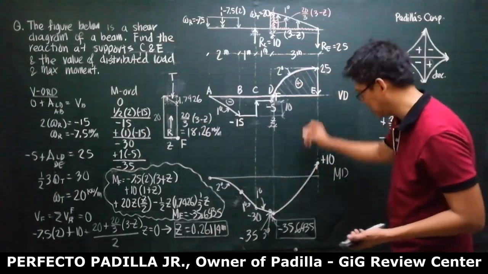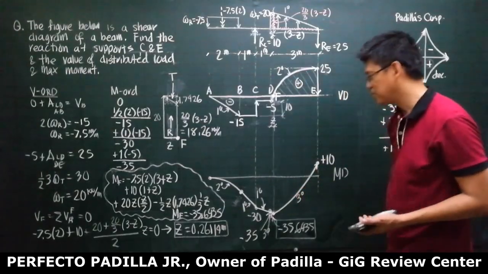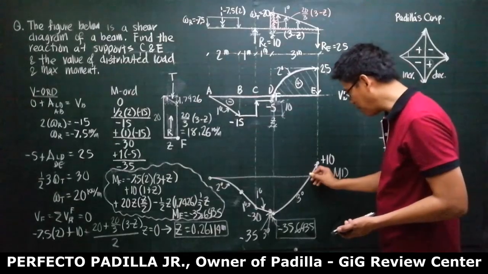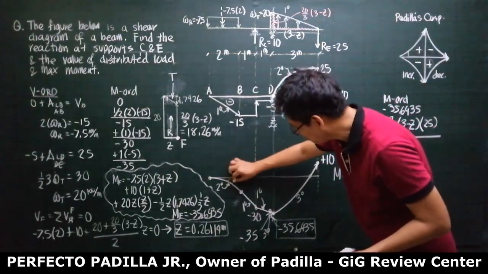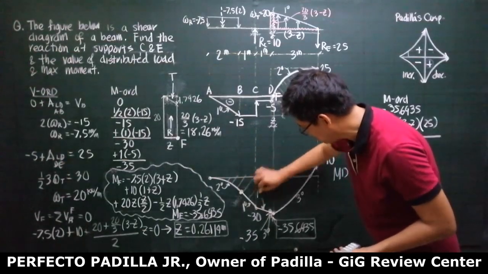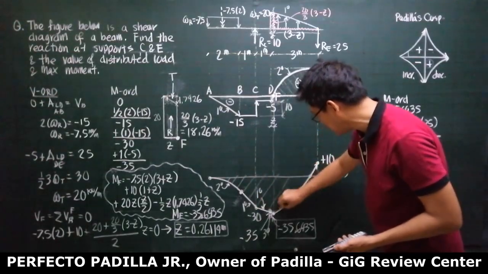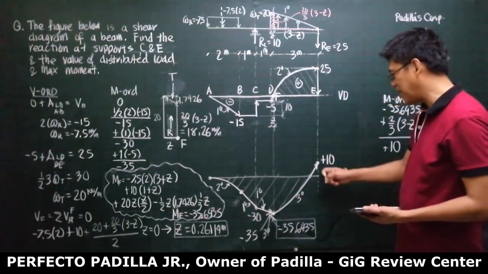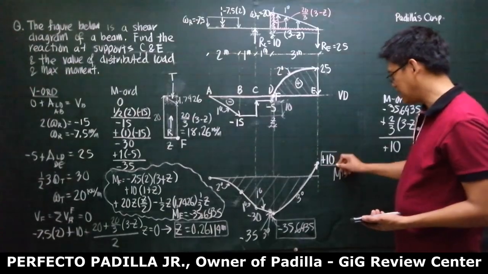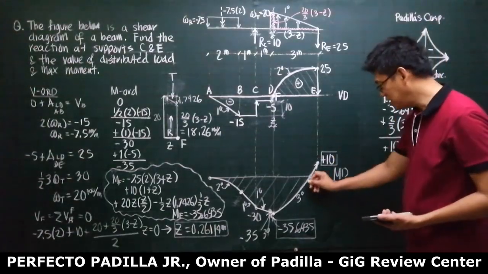This is second degree. This must be third degree. Right? So there will be a point of 0 moment somewhere here. Okay? Or that is known as the point of inflection. So the maximum negative moment is minus 35.6435. The maximum moment here is 10. You get it? So this is plus 10.